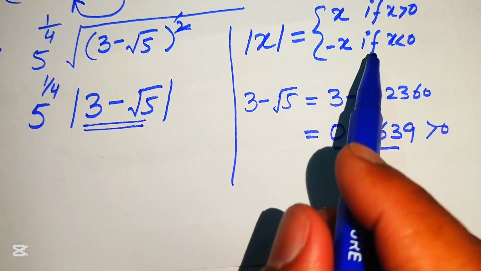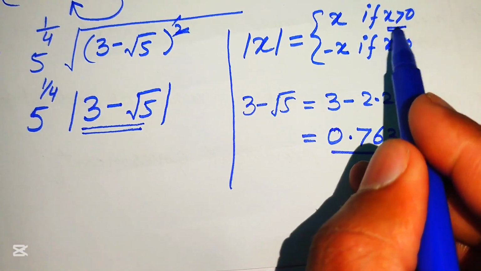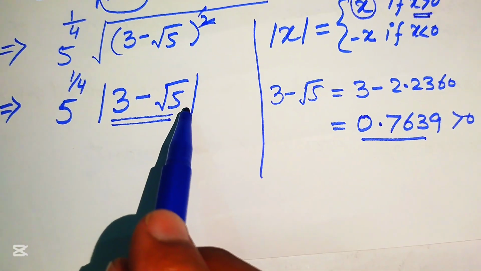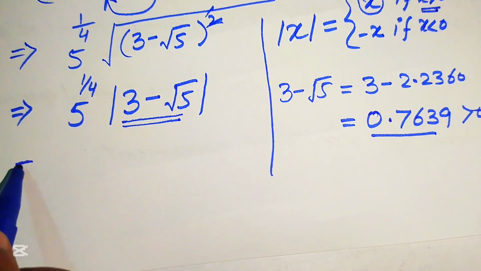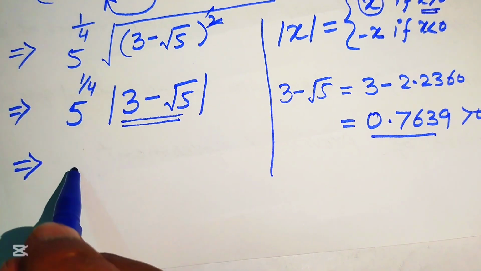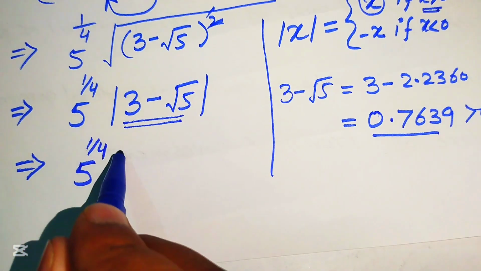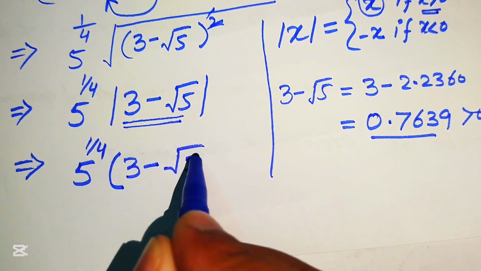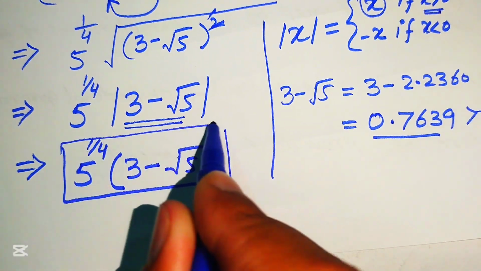According to the definition of absolute value, if x is greater than 0, we choose positive x. So the value inside the mod is positive, and we finally say that it equals the positive term. We write it as 5 to the power of 1 over 4 times 3 minus the square root of 5. This is our final answer to this question.